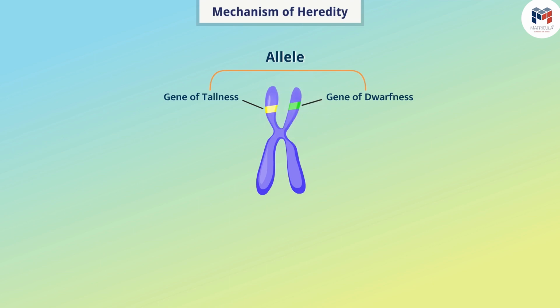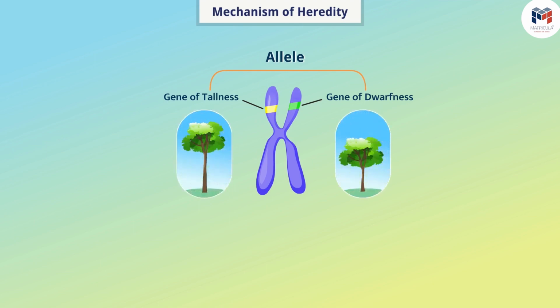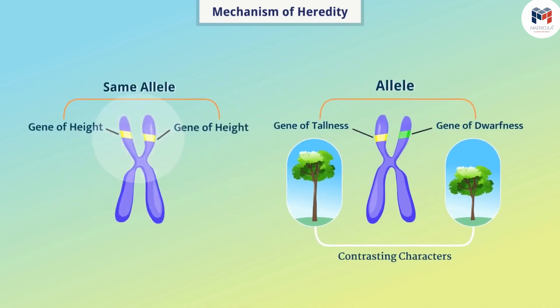To understand heredity, we represent them with these letters. Here, tallness and dwarfness are different traits of the same gene. We call these contrasting characters. Alleles in an organism may be the same or may also be different.